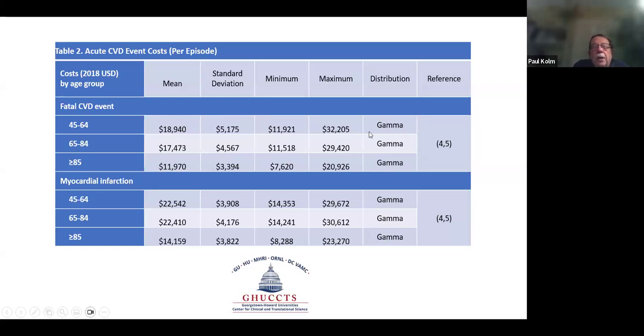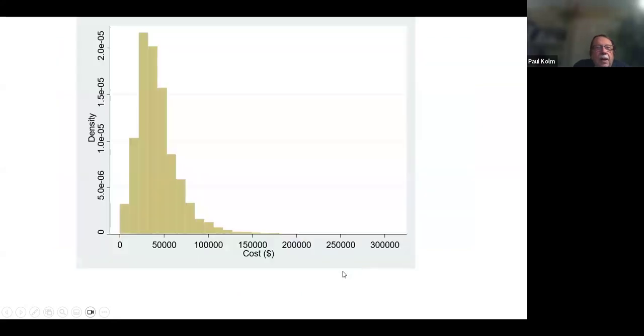And then also what you have to do in cost-effectiveness analysis is justify or come up with these costs. And so we have references that we use to come up with these costs. Cost is always right skewed.